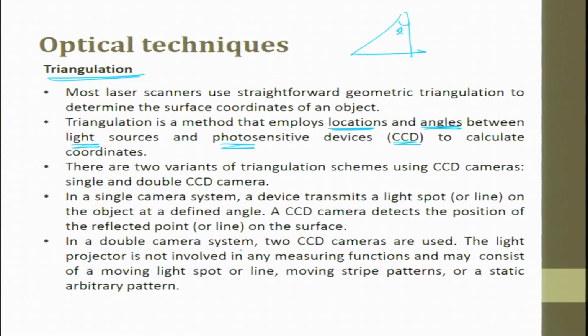In a double camera system, two CCD cameras are used. This is what the latest mobile phones use. The light projector is not involved in any measurement function and may consist of a moving light source or line, moving strip patterns or static patterns.